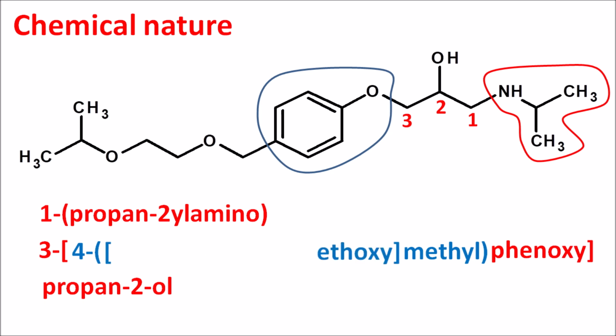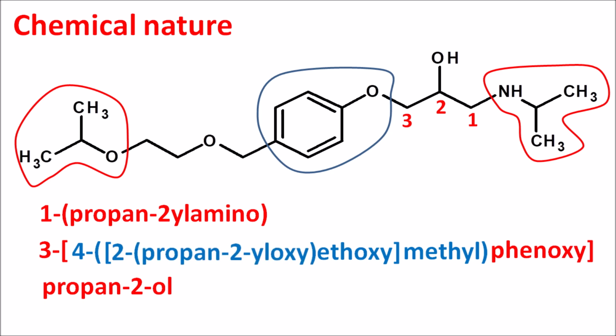So ethoxy, and finally to this ethoxy at the second position again another isopropyl oxy group is present. Now this can be written as 2-propane 2-ol oxy. That is the complete name of bisoprolol. You can easily observe bisoprolol is having two isopropyl groups on both of the terminals.